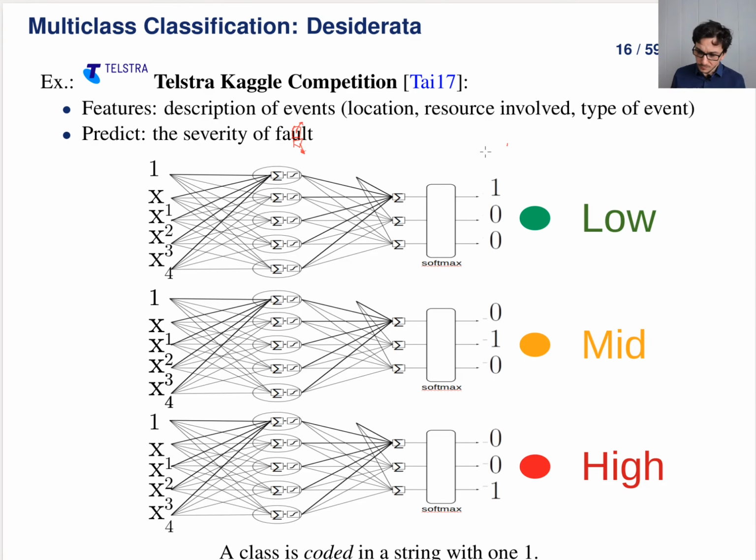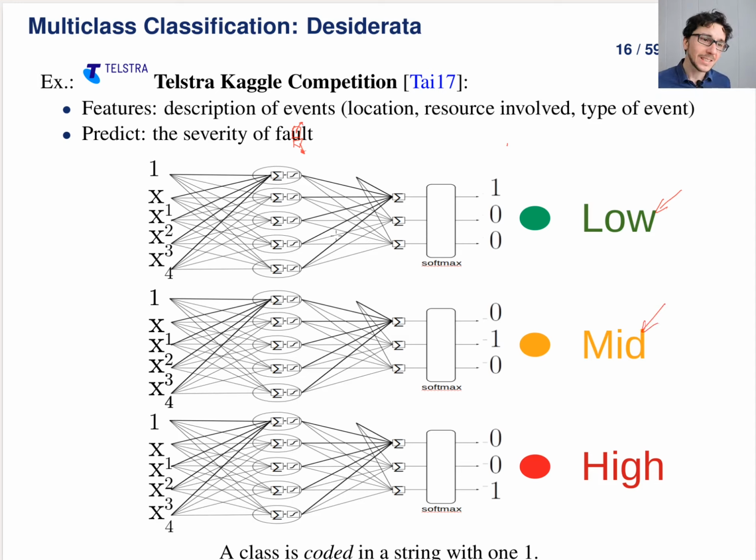Or in a similar setting, in a communication network, we may want to collect measures regarding our infrastructure, like delays, error rates, etc. And then at the end, having an answer categorizing what is happening in your network: if there is a low severity problem, a mid severity problem, or a high severity problem.